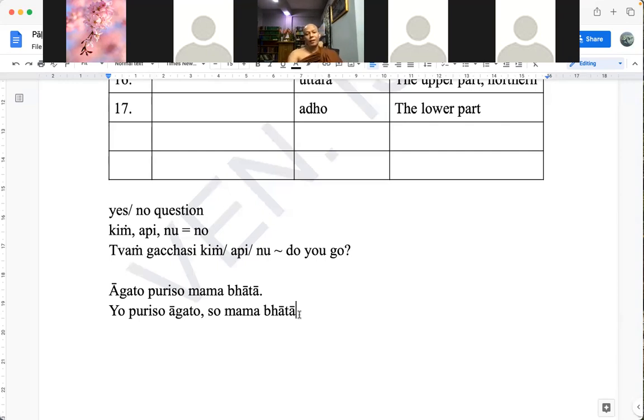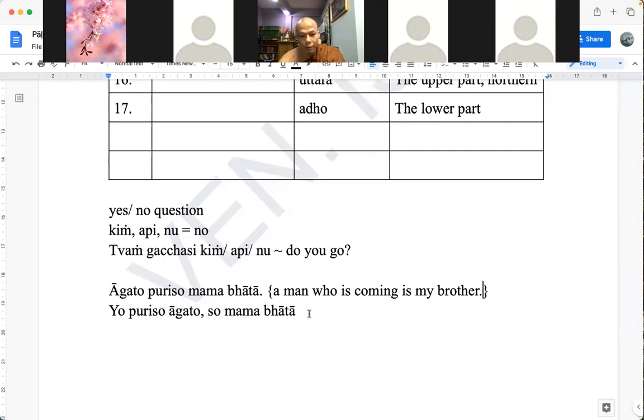Okay, so in this way we can, but they are not quite the same. The sentence of the present meaning is in this way: a man who is coming is my brother.